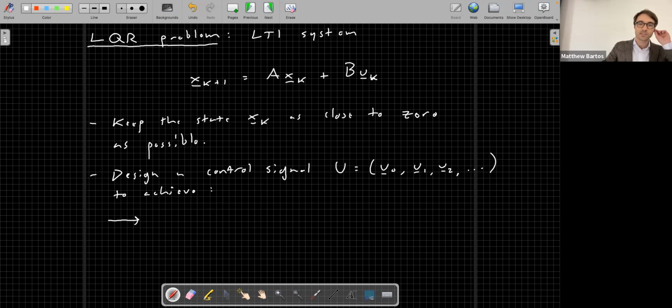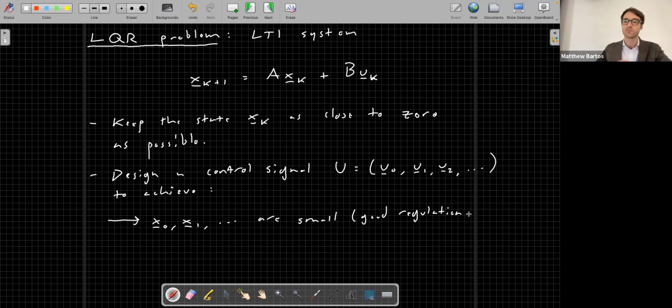First, we want the states to be small. So we want to track 0. We want x0, x1, all the way through the end of our time period to be small. In other words, we want good regulation of the system, good regulation or control.